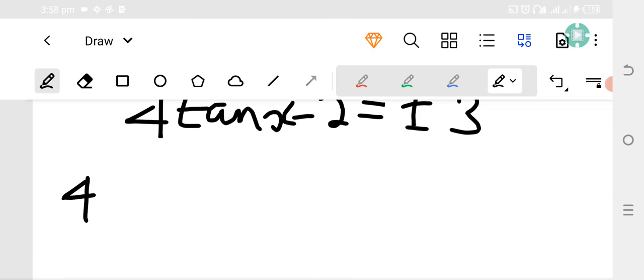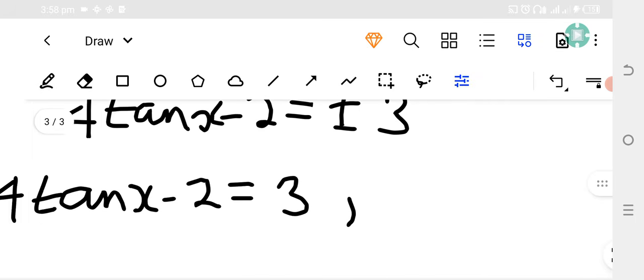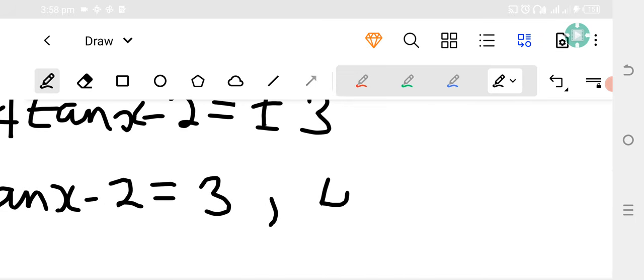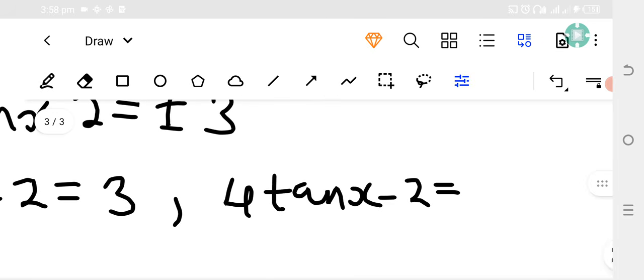That's essentially what modulus means. So 4 tan x minus 2 will be equal to positive 3. Then we also have 4 tan x minus 2 will be equal to negative 3.